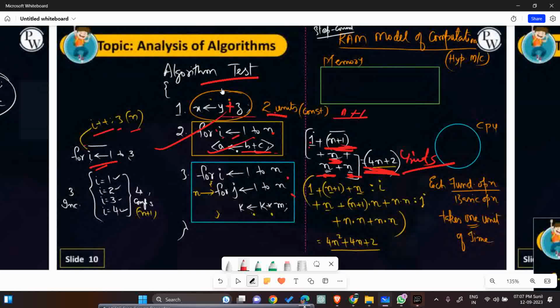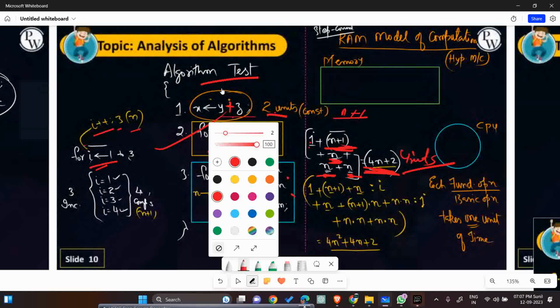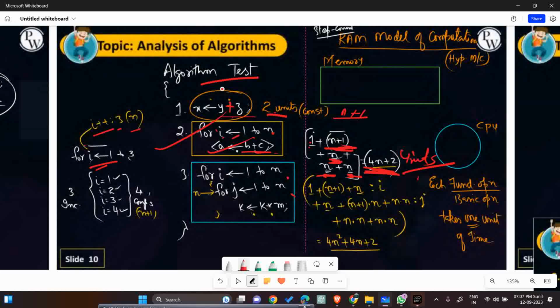For i, one for initialization, n plus 1 times for comparison, and n times increment of i. Each fundamental operation, a basic operation, takes 1 unit of time; that is our assumption.